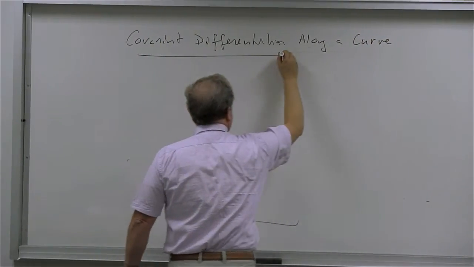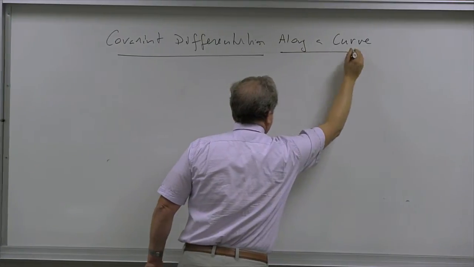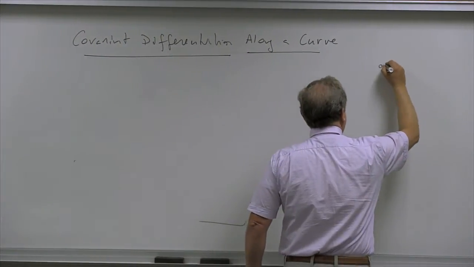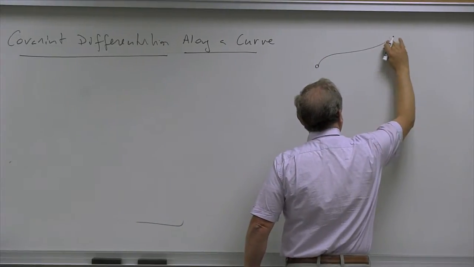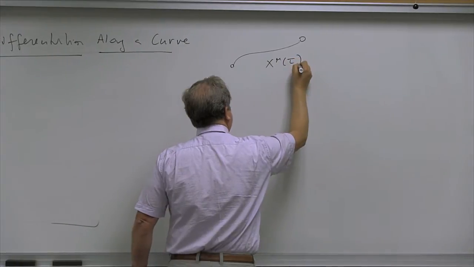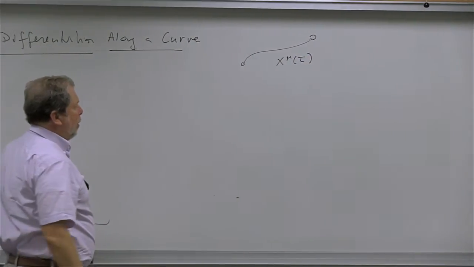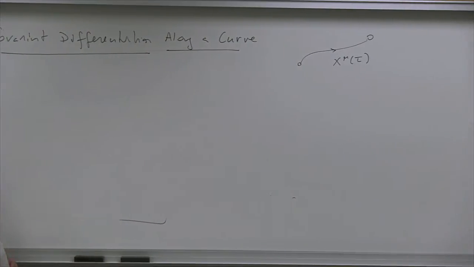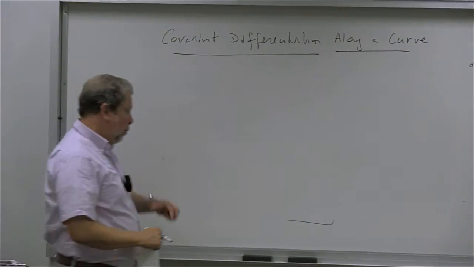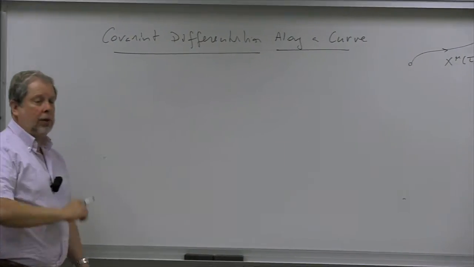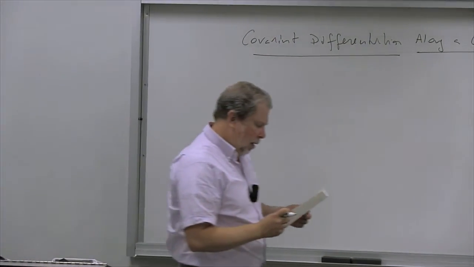So we use what we learned up to now, but we are doing this covariant differentiation along some sort of curve. That means that we have a curve that goes from point A to point B, which is characterized by some coordinate x mu of tau. And typically, there is going to be some quantity which is non-zero only on that curve, because the curve is associated with the path of a particle.